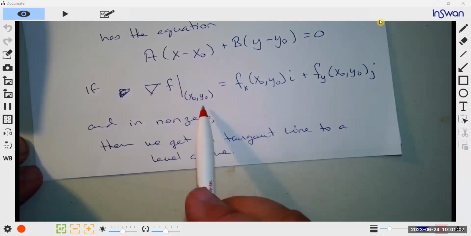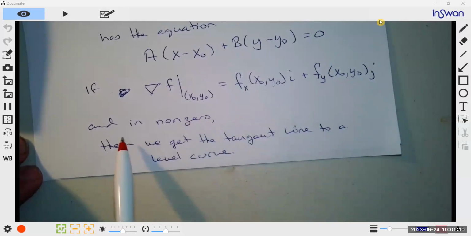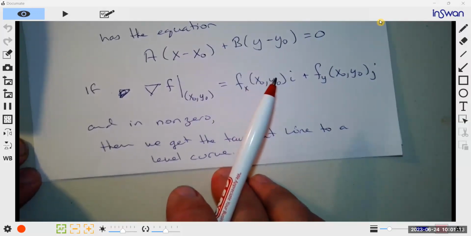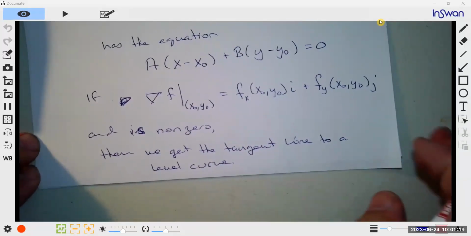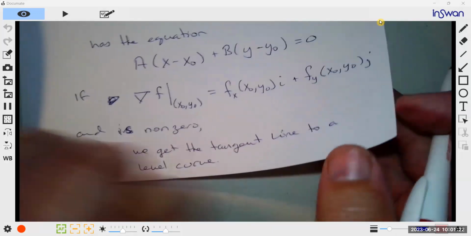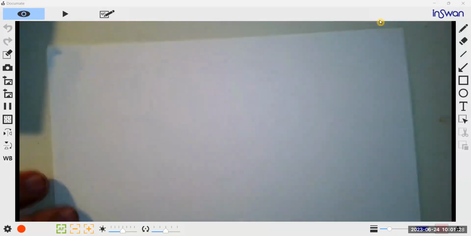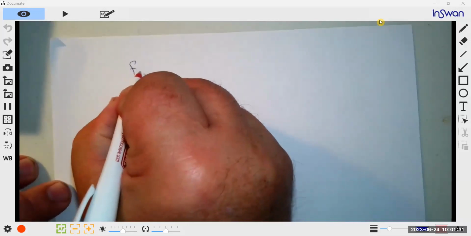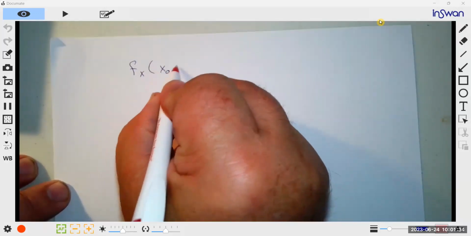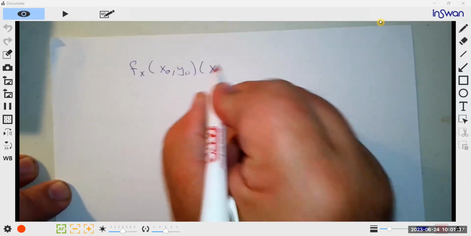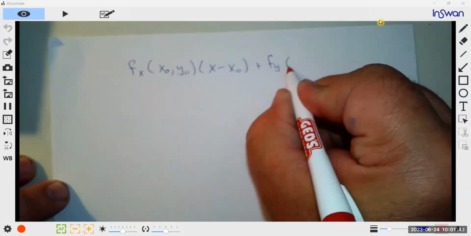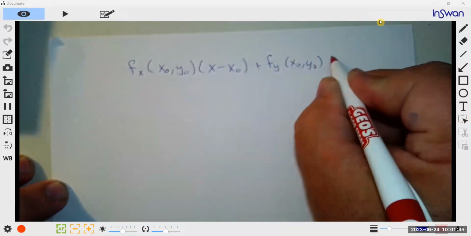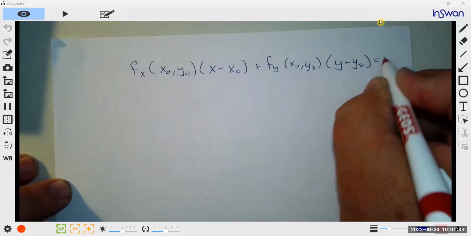This is what it looks like: f sub x at x sub 0, y sub 0 times (x minus x sub 0) plus f sub y at x sub 0, y sub 0 times (y minus y sub 0) equals 0.